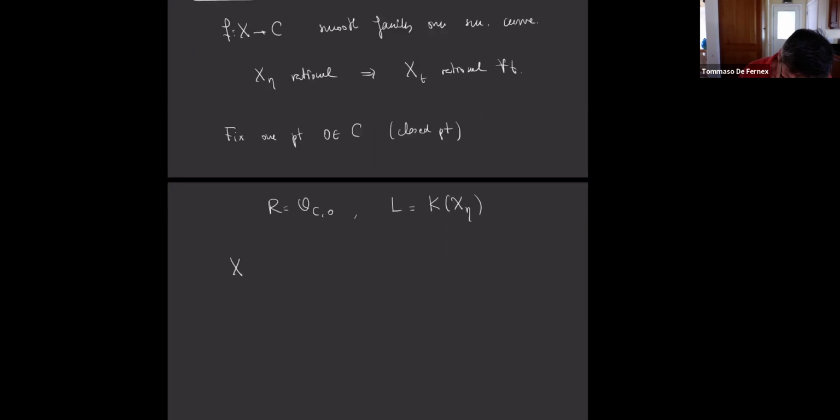I'm going to let curly X be the base change of the family to Spec R. So now I have this model here over Spec R, and this is a smooth model of Spec R because it's a base change from a smooth map.